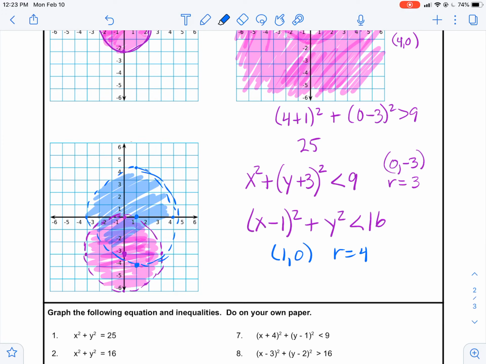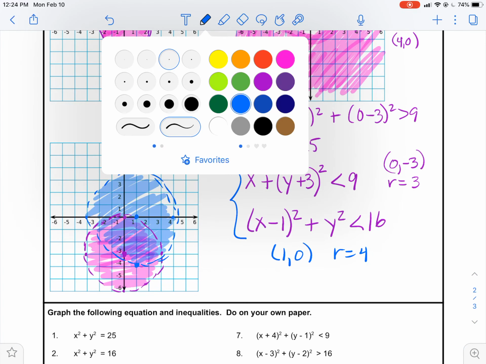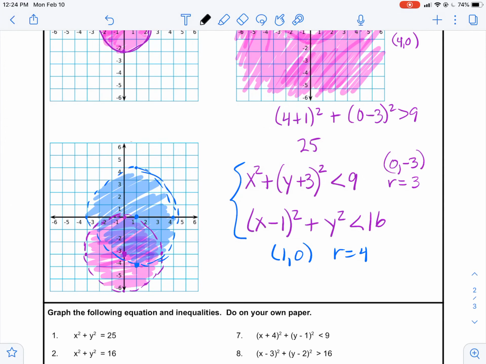Now this is a system, okay? So we're talking about a system. So again, remember, systems are just where you see both of them crossed. And so you would need to come in with another color and darken in your final answer.